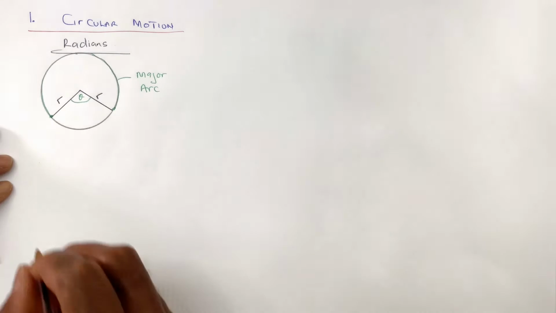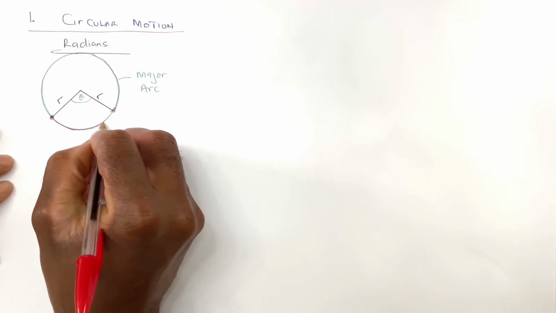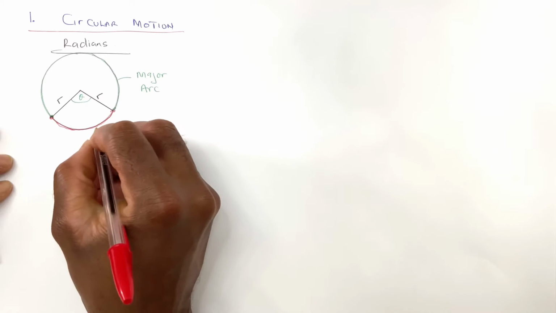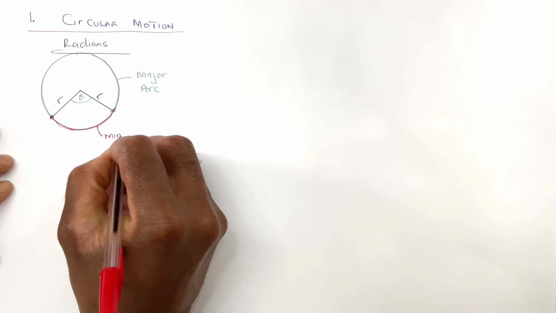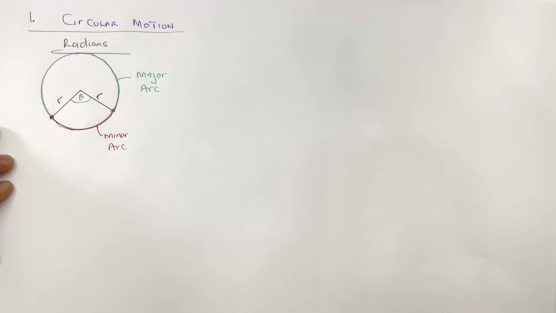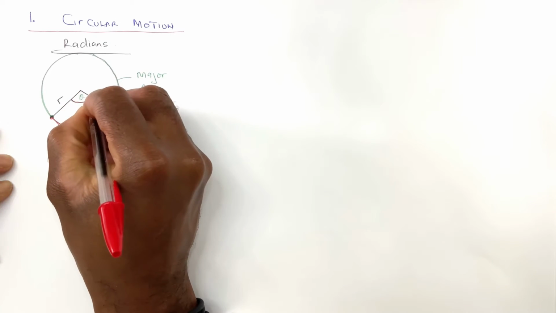Or if I go the other way, from this point here all the way to that point, the red one here, that will be the minor arc length. And the minor arc length will subtend an angle theta.